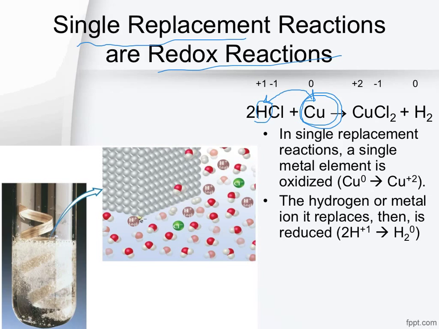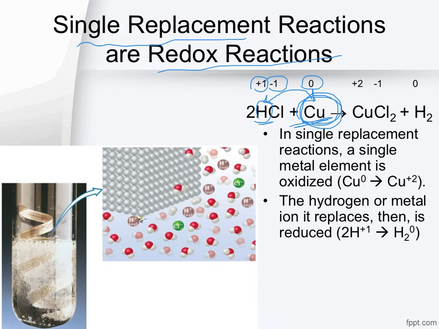So in this case, the copper metal, a neutral element, is trying to swap places with the hydrogen ion. So we'll show what's been oxidized and what's been reduced in this reaction. It's pretty easy. Hydrogen gets assigned an oxidation number of +1, which means chlorine has to be -1. Copper on the reactant side is a neutral element, so its oxidation number is 0.